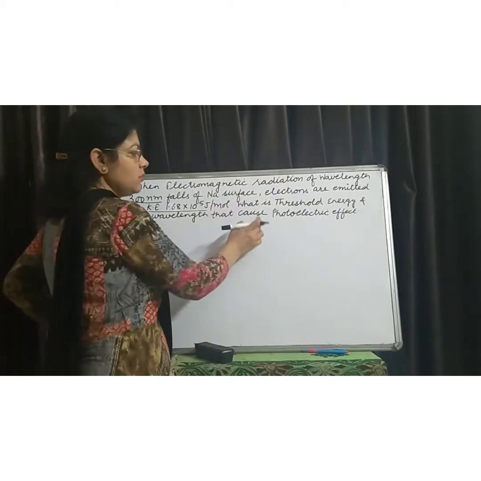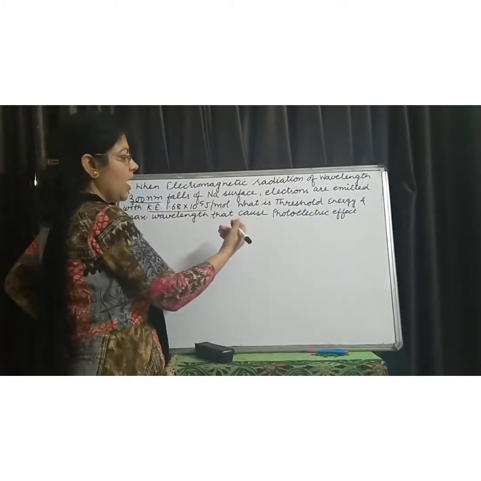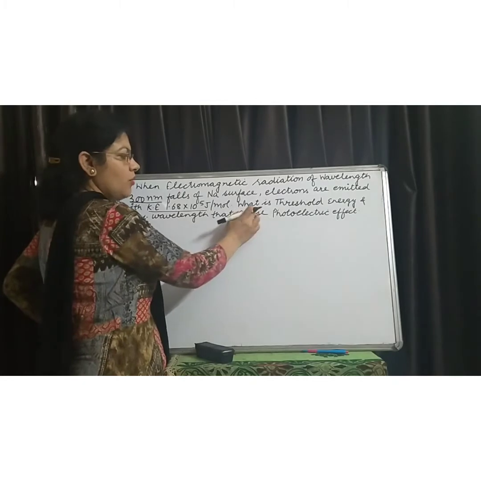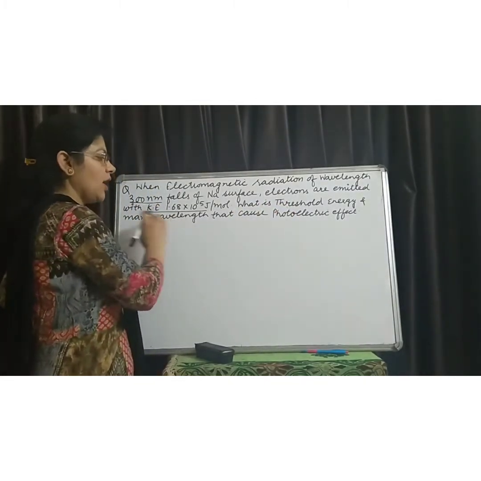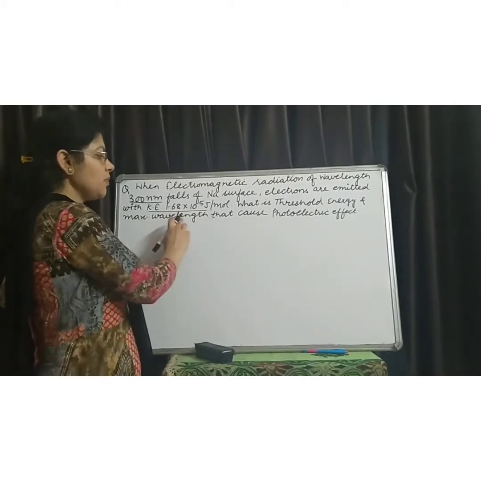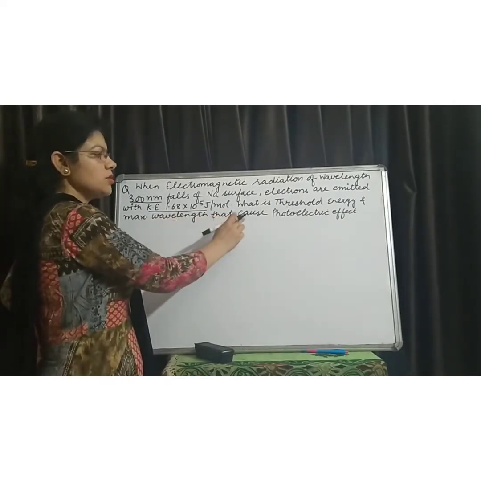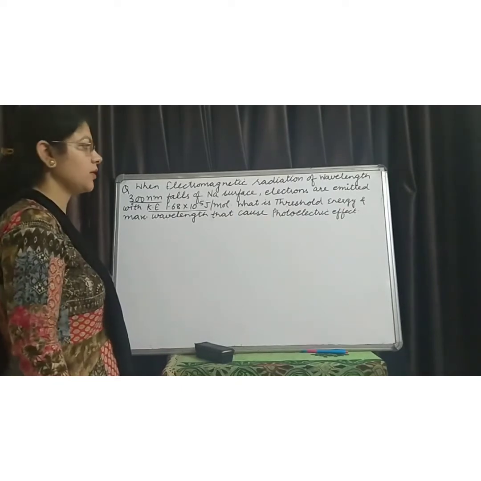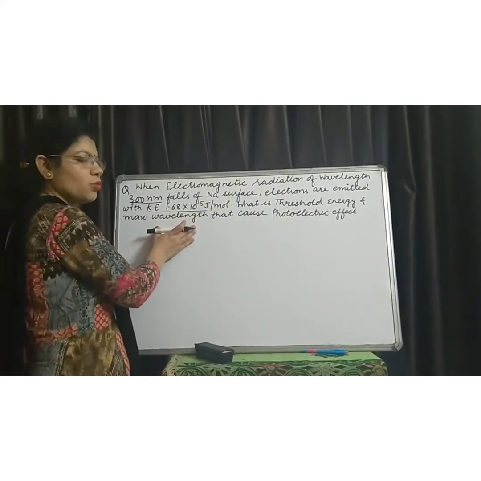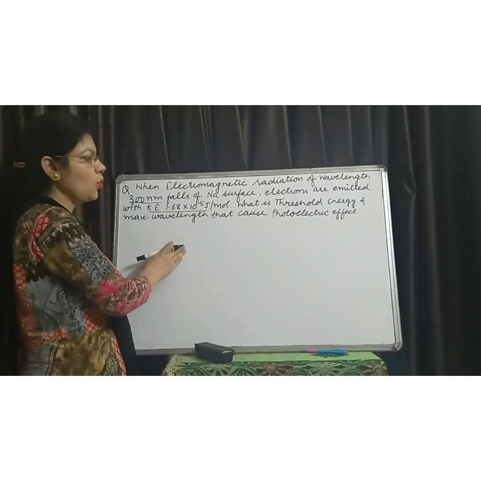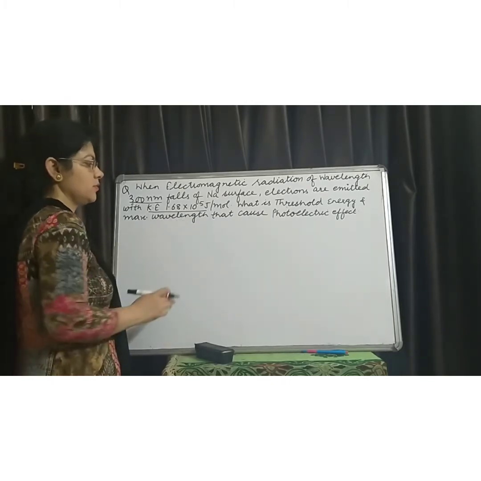In this question, what do we have to calculate? We have to calculate the threshold energy, and second, the maximum wavelength that causes the photoelectric effect. Maximum wavelength means you have to calculate the threshold wavelength.